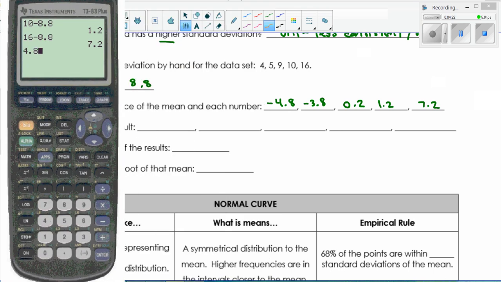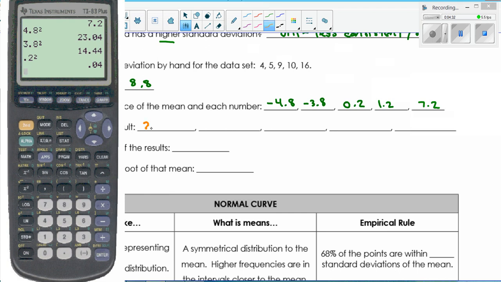When we square, we get a positive number, so I'm just going to make them all positive. Hopefully this helps you appreciate the fact that the calculator can do this for you pretty easily.